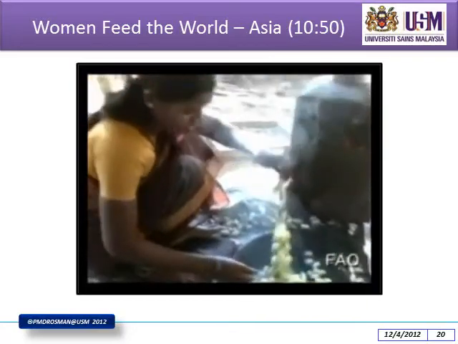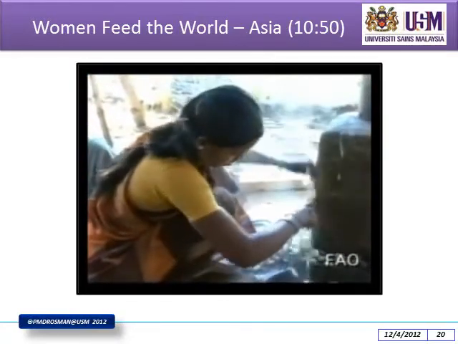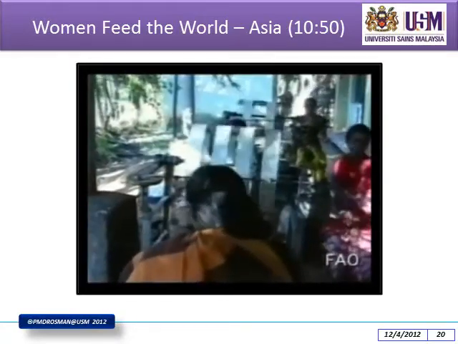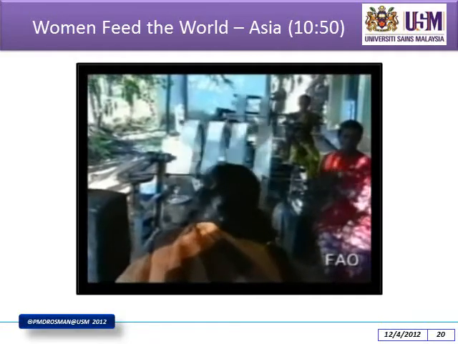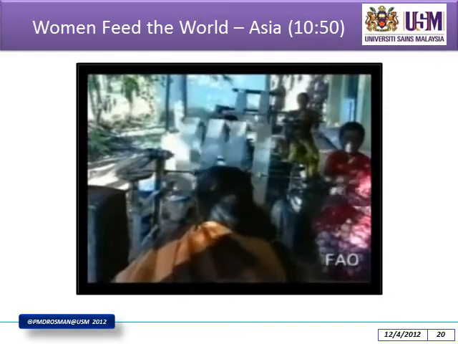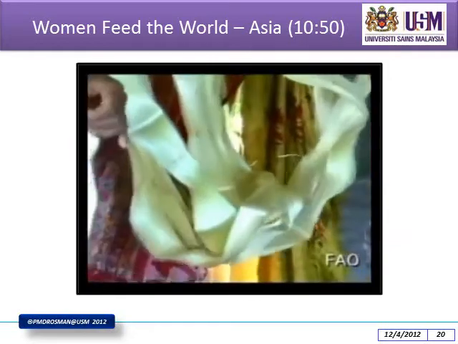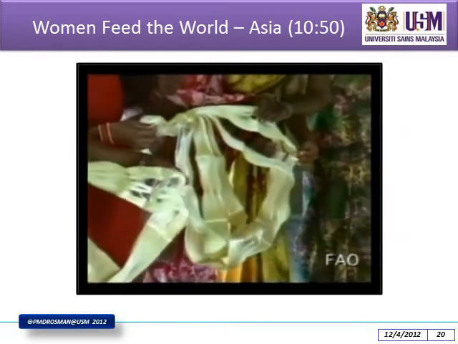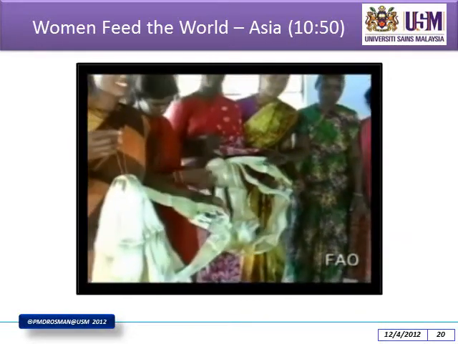The cocoon is then boiled before the silkworm becomes a butterfly, and then spun. Expert female hands give rise to these hanks of fine silk, appreciated the world over.